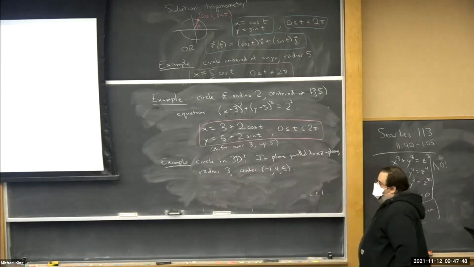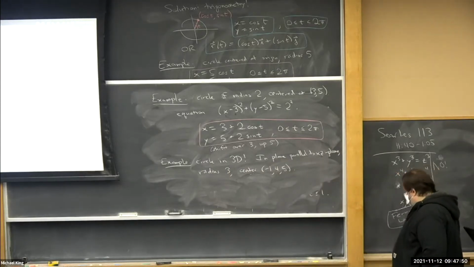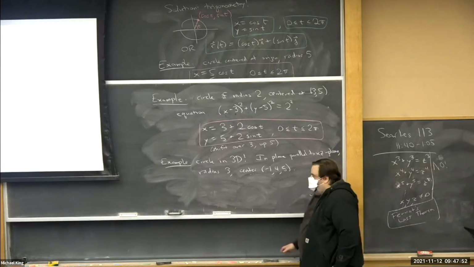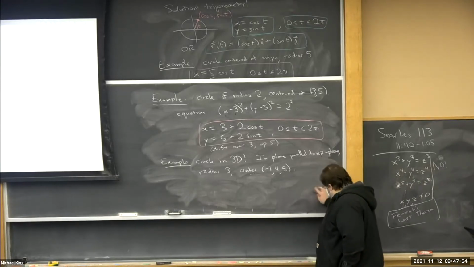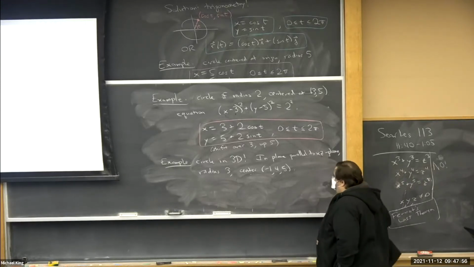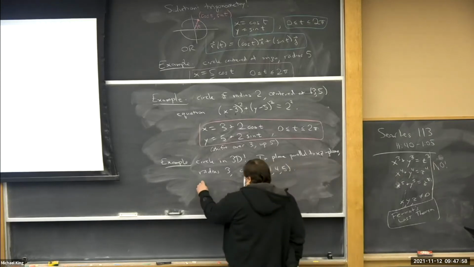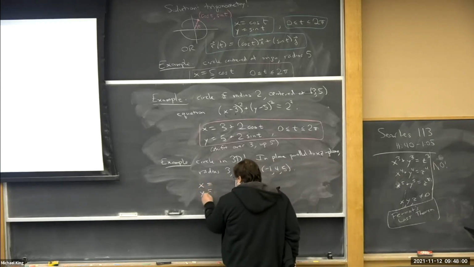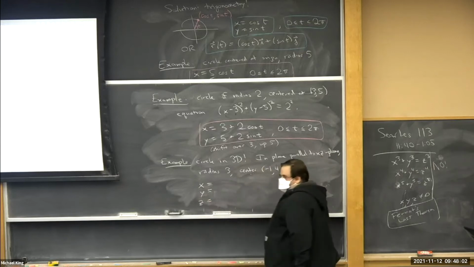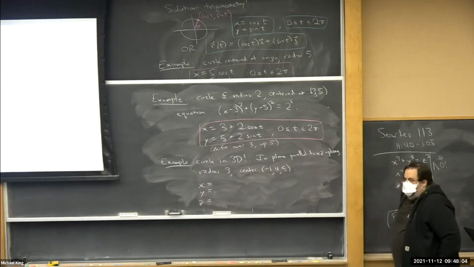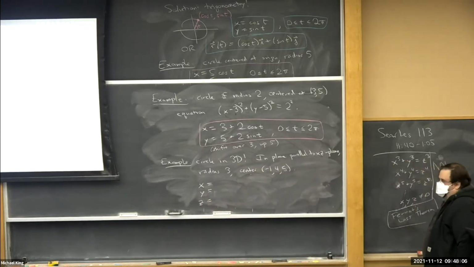Okay, so let's think this through. If it's in a plane parallel to the xz plane, we're basically just trying to find x, y, and z in terms of t, in terms of our parameter. So if we're in a plane parallel to the xz plane, what does that mean? y is constant, right?